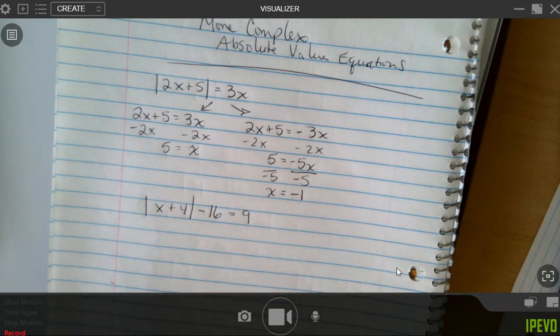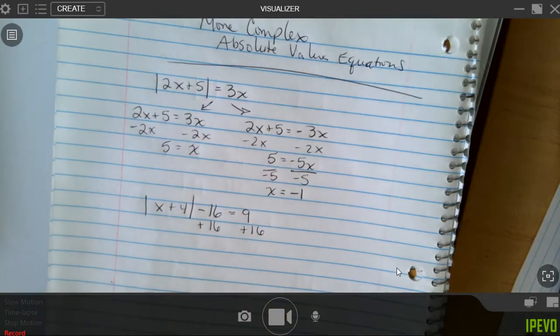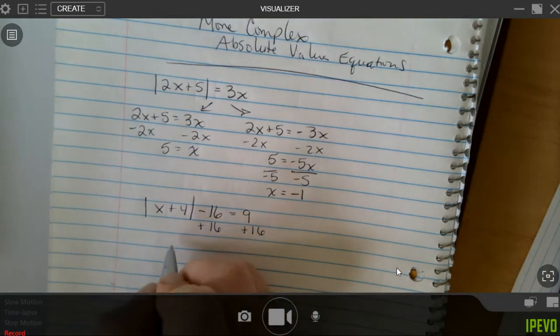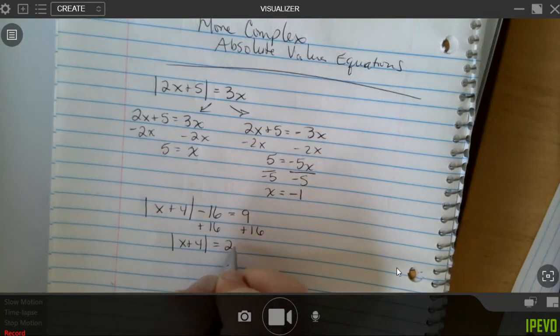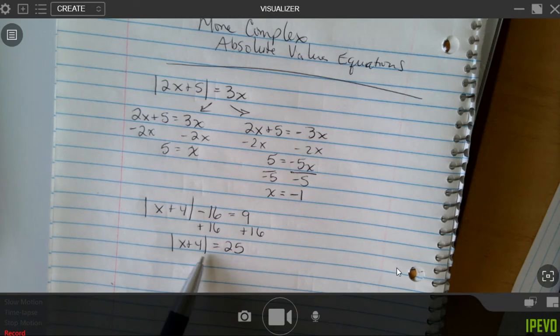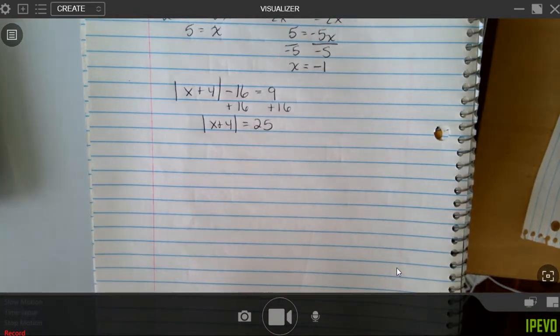Before we write the two equations, we need to isolate it. Add the 16, add the 16. If we add 16 to both sides, we end up with |x + 4| = 25. Now do you see how the absolute value is the only thing over here? That's when you can write the two equations. Don't go crazy and write the two equations too early. It'll cause you trouble.